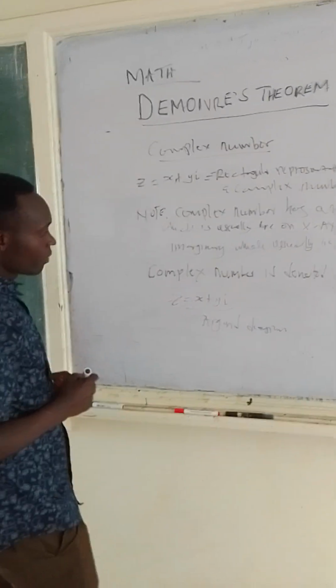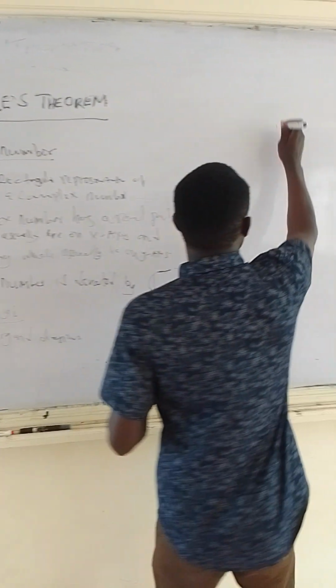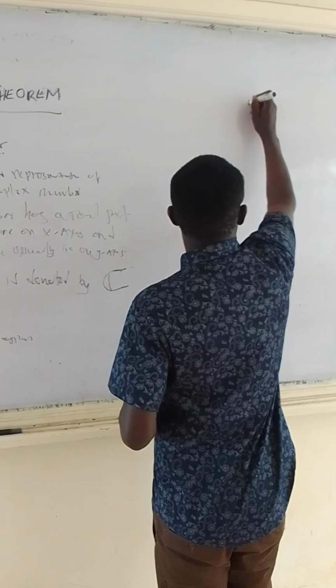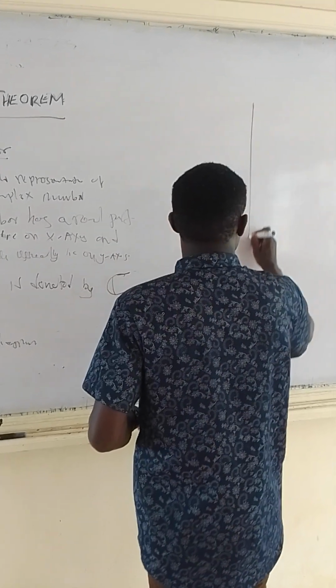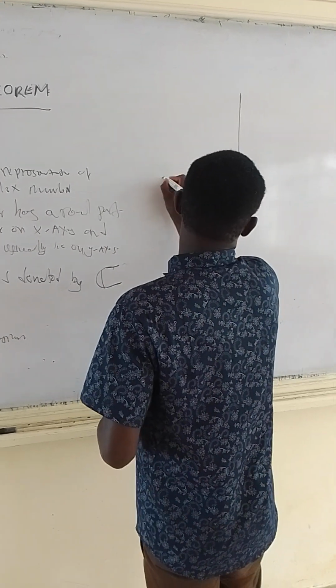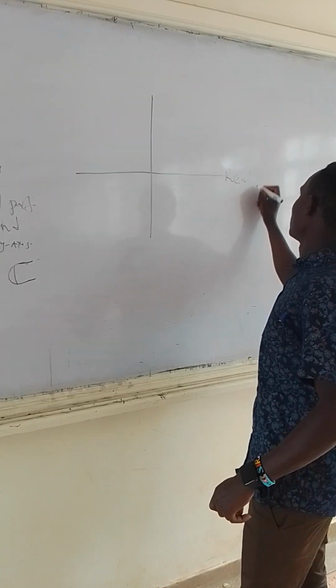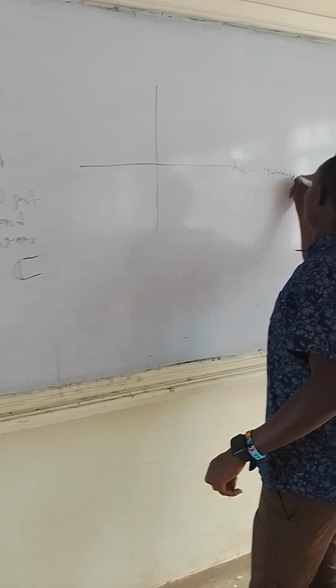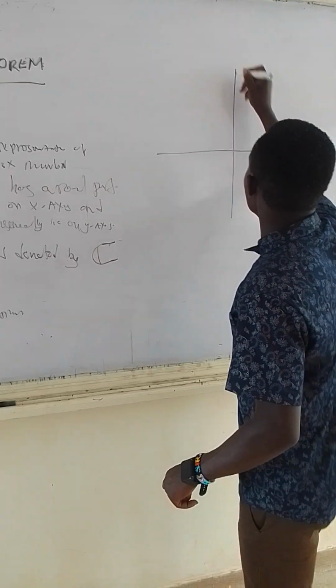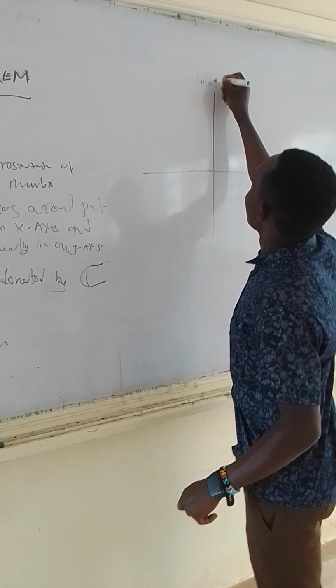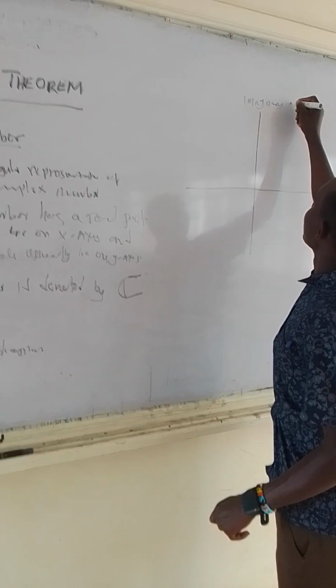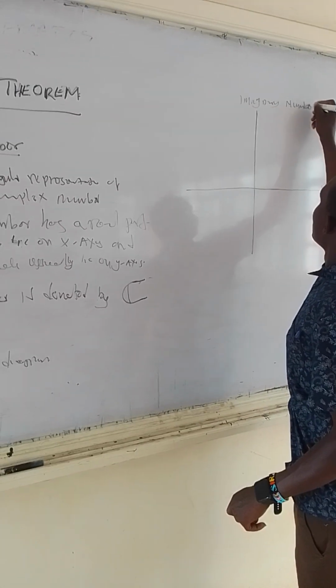On the Argand diagram, we draw a Cartesian plane. On the x-axis we have the real number, and on the y-axis we have the imaginary number.